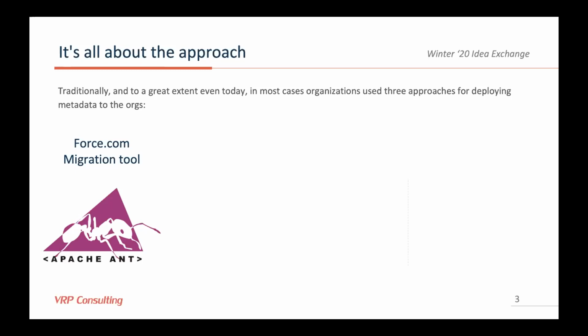That's why we're still using the migration tool, just because we configured these deployment features, let's say, 4 or 5 years ago, linked them with continuous integration tools like Jenkins, and we just continue to use them.